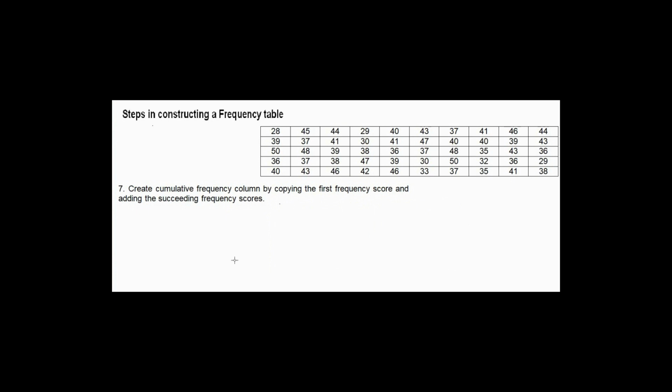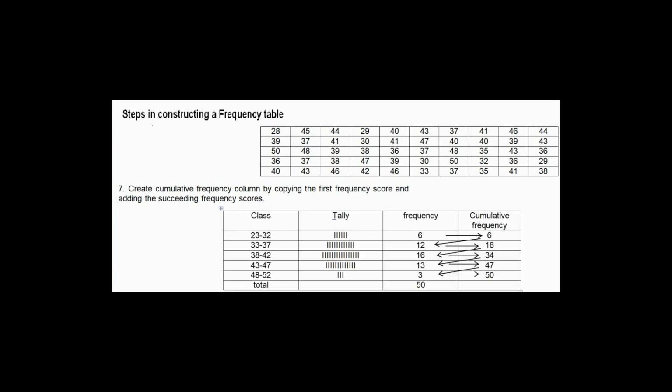The seventh step in constructing a frequency table is to create a cumulative frequency column by copying the first frequency score and adding the succeeding frequency scores. Here is an example of cumulative frequency. All you have to do is copy the first frequency score, which is 6, carry over this 6 and add the succeeding frequency in this column.